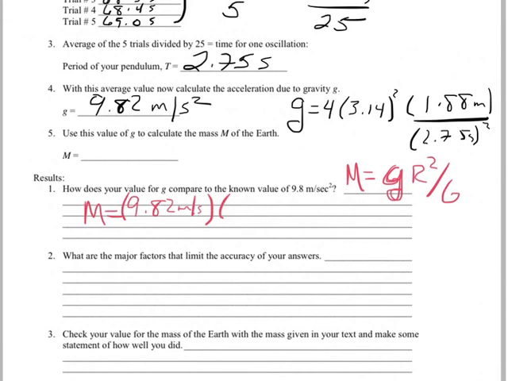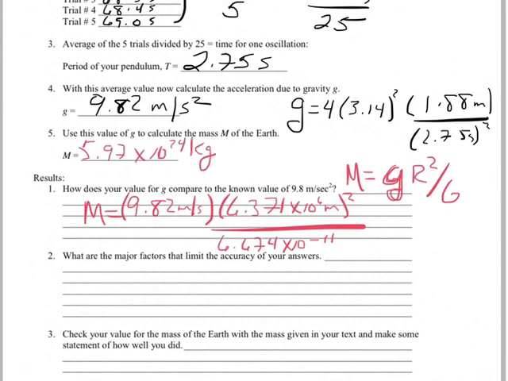We said that's 6,371 kilometers, so that's going to be 6.371 times 10 to the 6th meters. Then I'm going to square that. Divide by big G, which is 6.674 times 10 to the minus 11. I calculate that out, and for my value, the mass of the Earth is 5.97 times 10 to the 24 kilograms. So now we've gone through all the calculations.